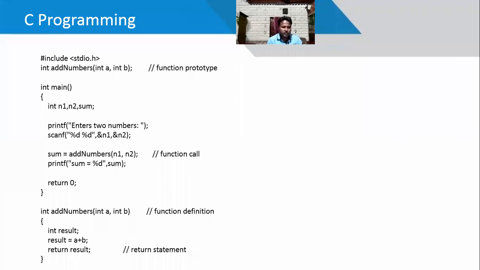Now see that here we have a function. First we declare a function, int add numbers. When you want to define a function, first you define the function prototype.